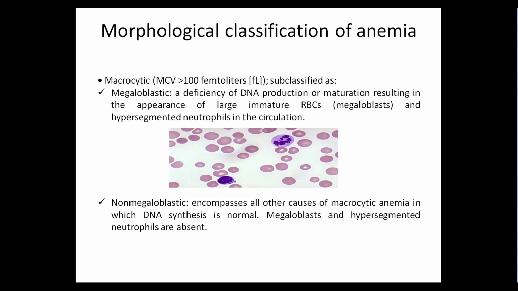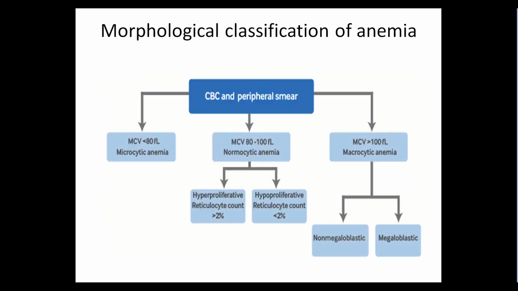Megaloblasts and hypersegmented neutrophils are absent. This is the morphological classification of anemia in the scheme.